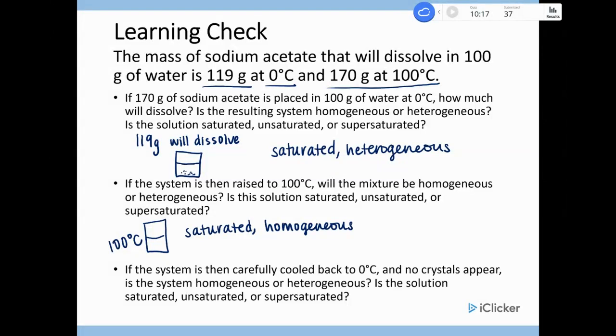The solubility is 119 grams, and this is telling us that 170 grams are dissolved. So that amount of water is holding more solute than can normally dissolve at this temperature. So this is a supersaturated solution. It still just looks like liquid in a beaker. We can't see any solid. So it is also homogeneous.